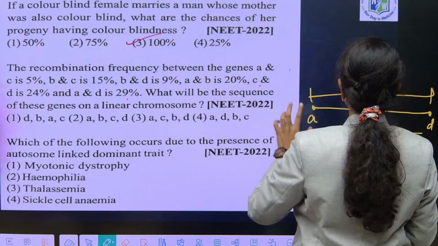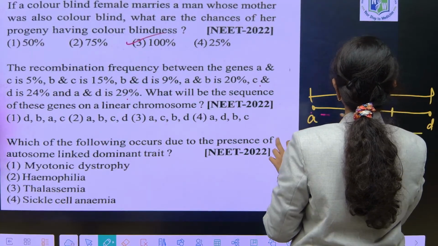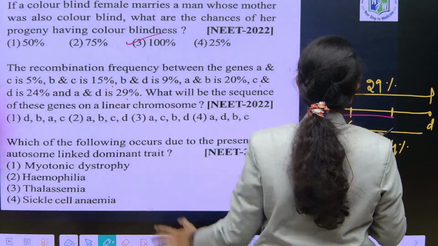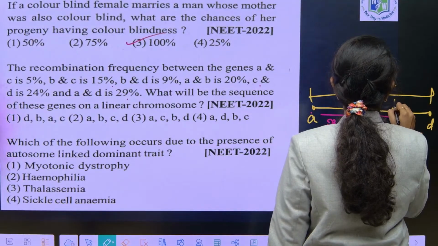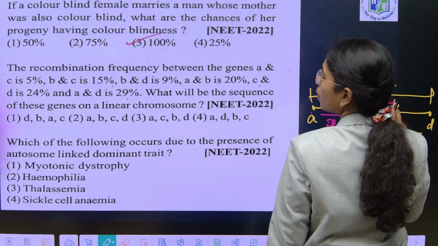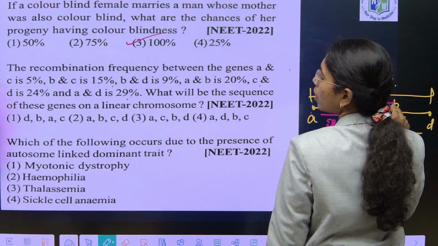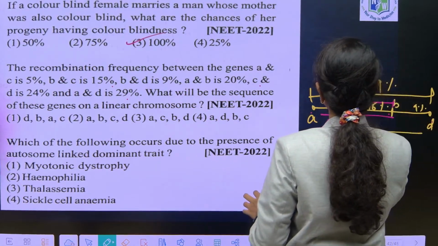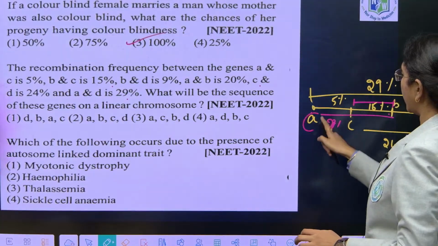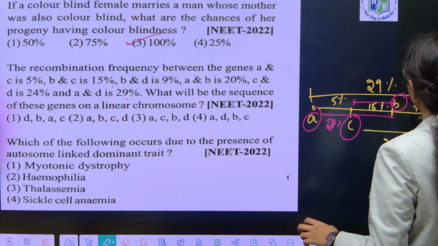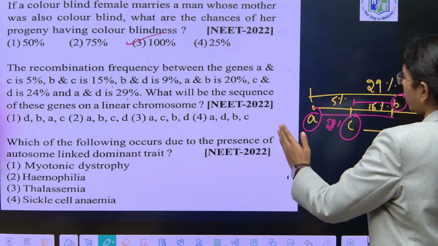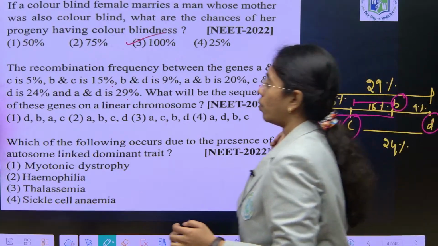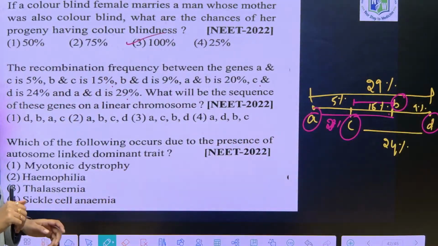After which A and B. I can plot B over here, which is 20%. Followed by BC. B and C how much? 15%. Followed by B and D 9%, A and B 5%. So it will be A, C, B, D. It will be easy. You have to go from maximum gene distance to minimum gene distance. You can plot it easily. Okay. So it is A, C, B, D.